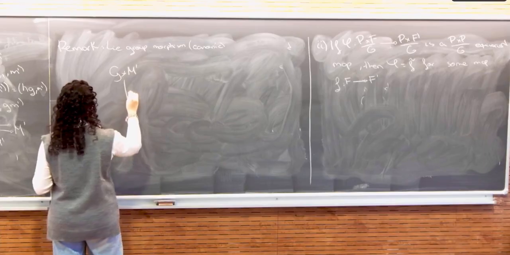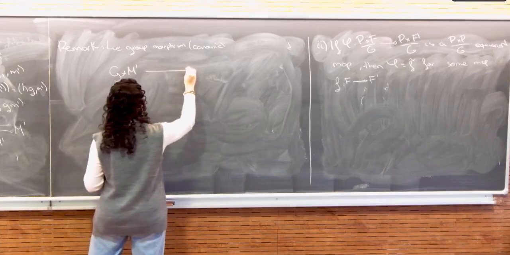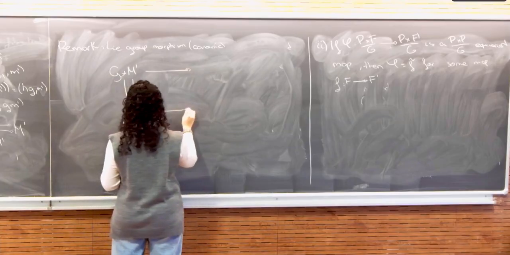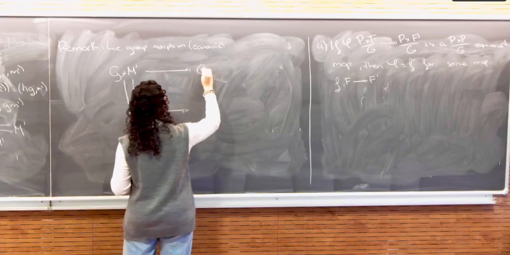We have this Lie groupoid, and we want to have a Lie groupoid morphism to this groupoid.